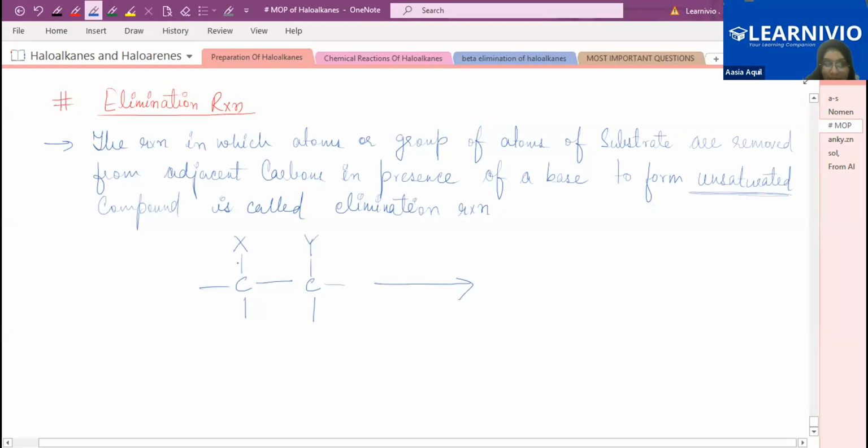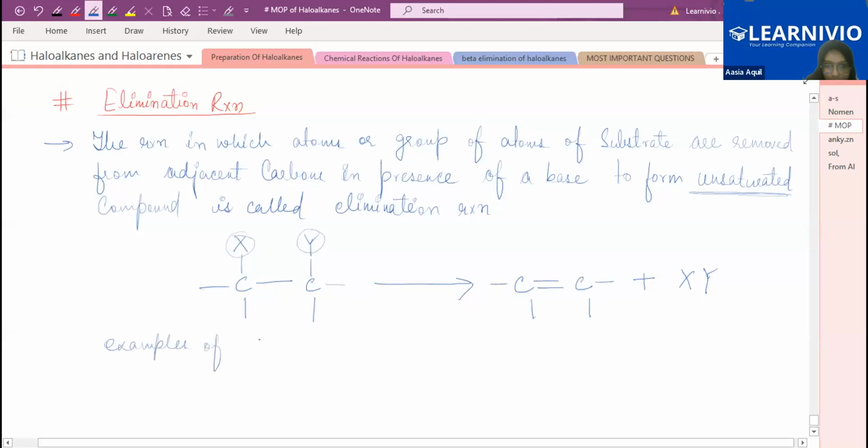So just remove this XY. If you are removing this Y atom from this carbon, तो आपको next carbon से X को eliminate करना है, means you are eliminating XY. So what will be the products? Obviously, when you are removing this XY, the product will be unsaturated. So to satisfy the valency of carbon, I have written carbon-carbon double bond here. Right, so this is your product. Now see examples of some elimination reactions.